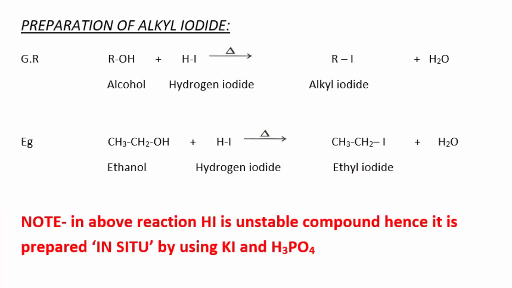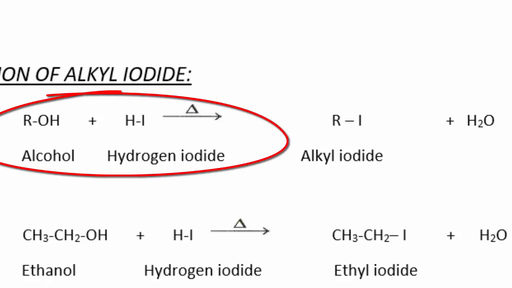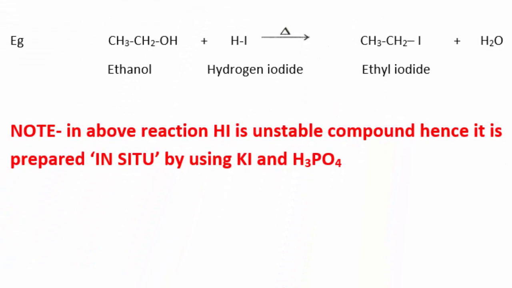Preparation of alkyl iodide. For the preparation of alkyl iodide, we are taking alcohol and hydrogen iodide. Alcohol on reaction with hydrogen iodide gives the product alkyl iodide with the elimination of water molecule. In this case also, hydrogen iodide is an unstable compound, hence it is prepared in situ, that is during the reaction.